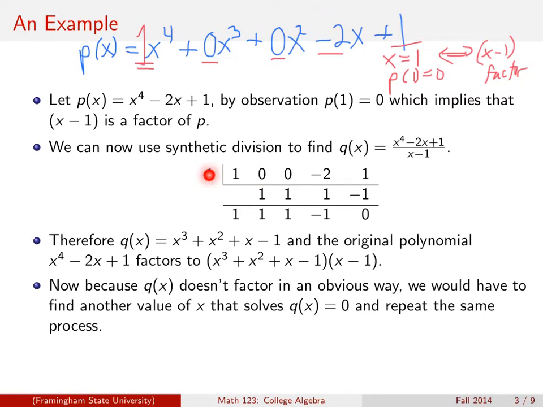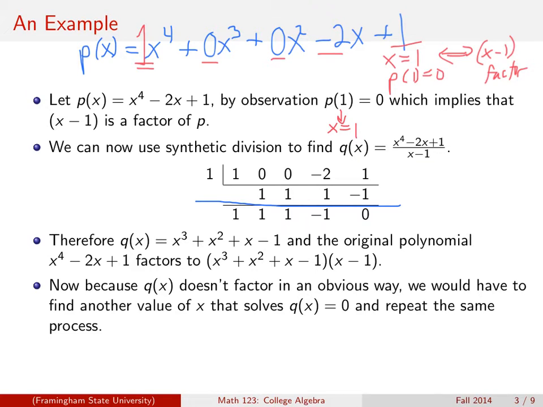Now why do we put a 1 here? Because the 0 that we had, or the solution that we had, was x equals 1. So we put that over here, list out the coefficients, and then we're going to draw a line. This line's really, really helpful. It's like a good dividing line, pun intended.